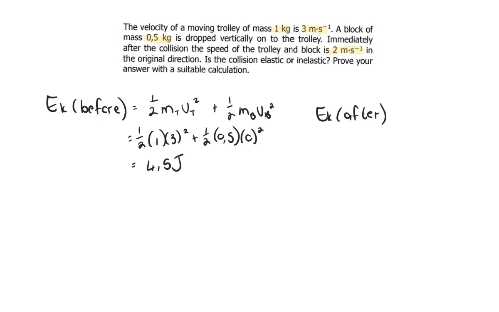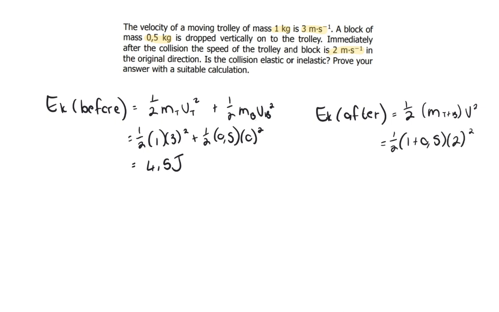And then we do the same for after, but now remember they move as a unit, so I can actually just add the masses together. So it's a half times (1 plus 0.5), or you can just put in 1.5, times the velocity 2 squared.